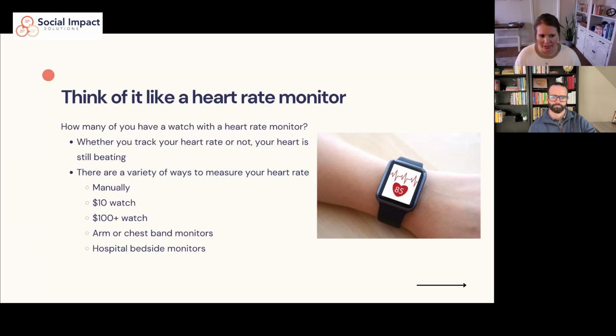But back to the heart rate analogy, we can manually take our heart rate, and sometimes that works just fine. If you're worried about heat stroke, or some type of health concern and your heart rate's really high or maybe really low, you can manually take your heart rate. You can take it at your neck, your wrist, your ankles.